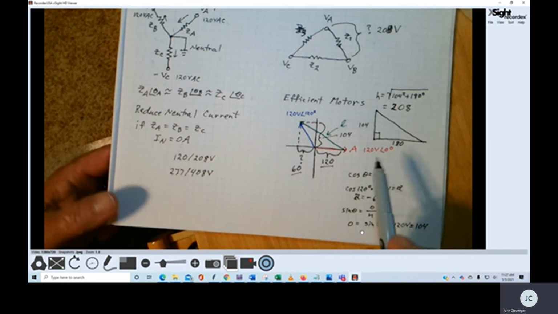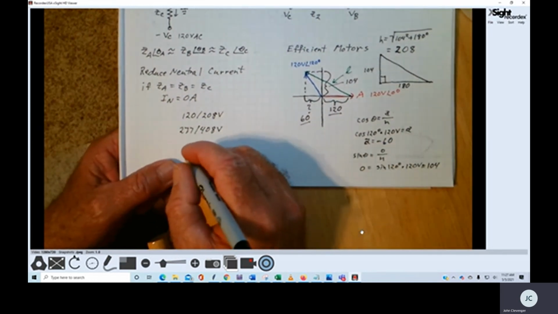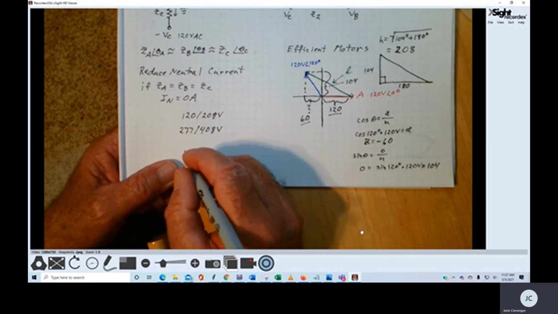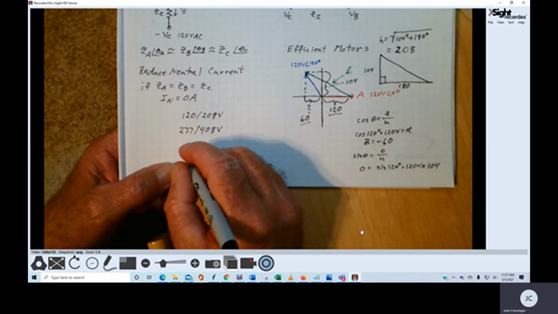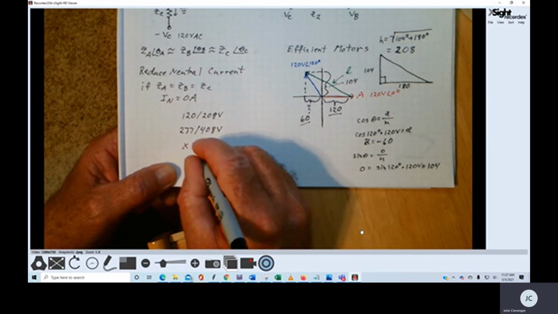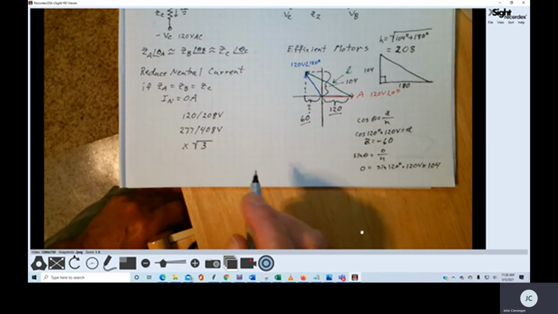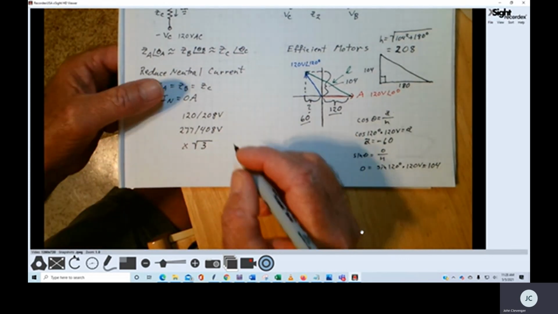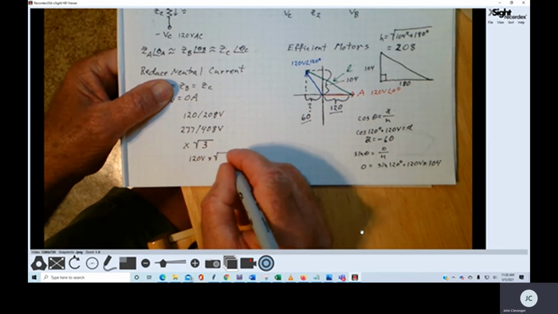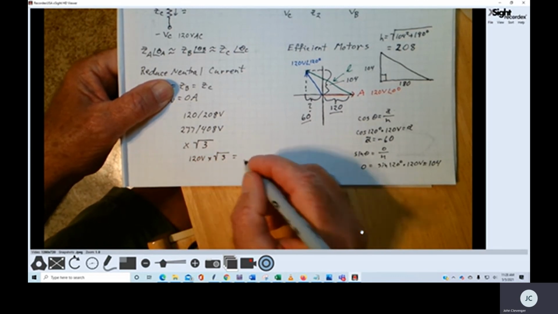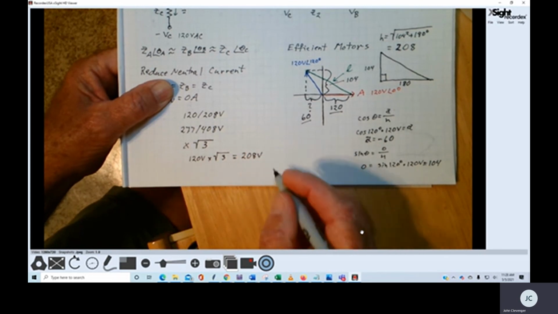The easy way to calculate this, of course, is that to change the single phase voltage to a delta voltage, we simply multiply times the square root of 3. I won't go into the math involved in doing that. But for example, if we take 120 volts times the square root of 3, we end up with approximately 208 volts.